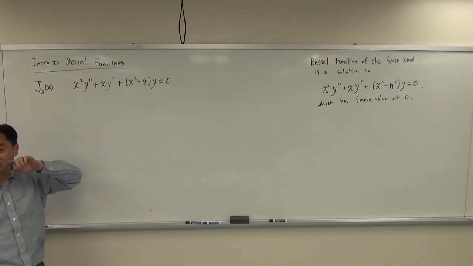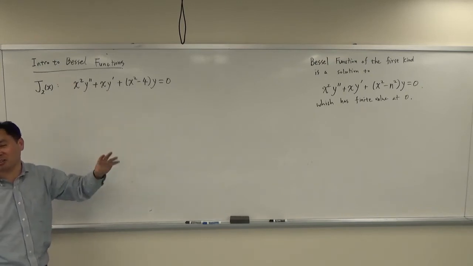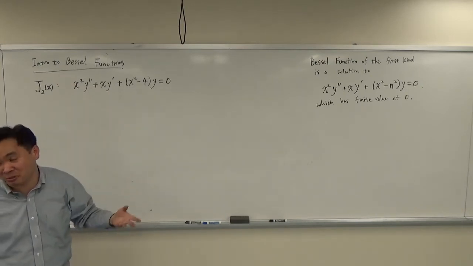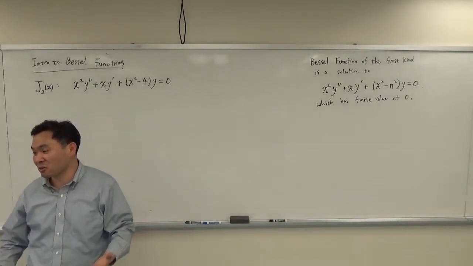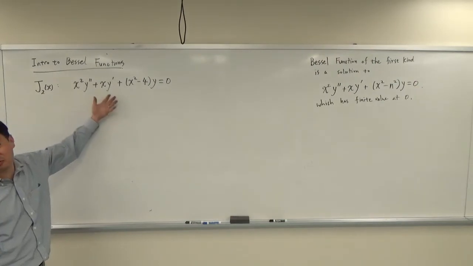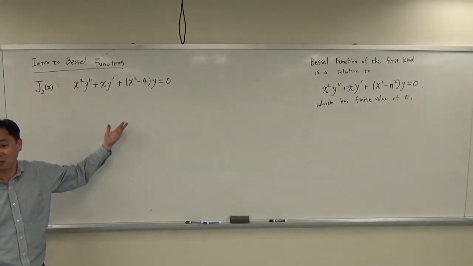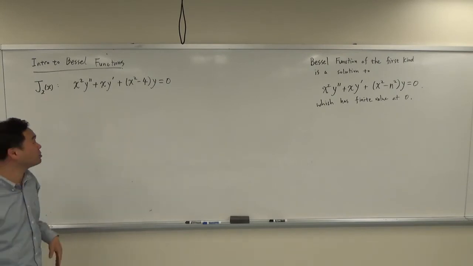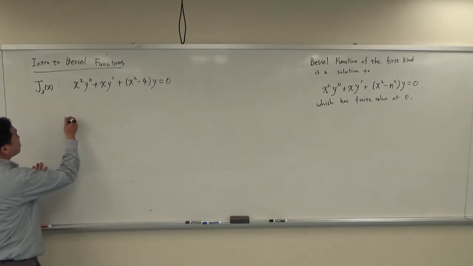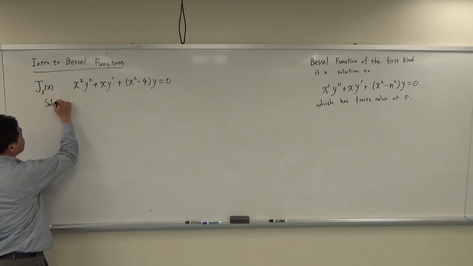How about that? Right? See, any function has a Taylor series, right? I'm lying. If it's differentiable infinitely many times, then you can have a Taylor series. But let's just say that this is something that's differentiable infinitely many times, and we want its Taylor series. We look for a Taylor series. What we do is we solve for the solution as a power series.